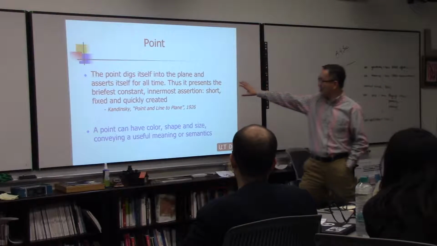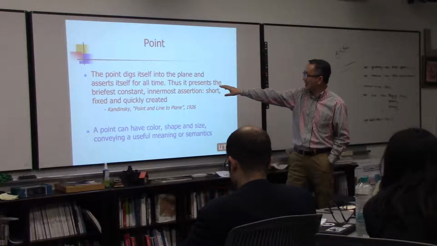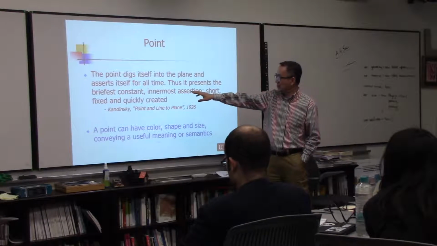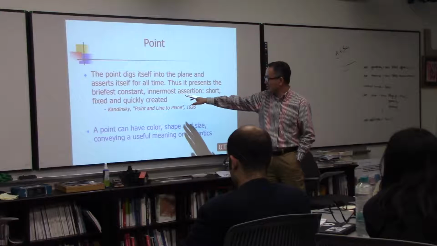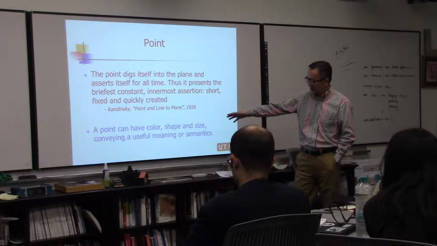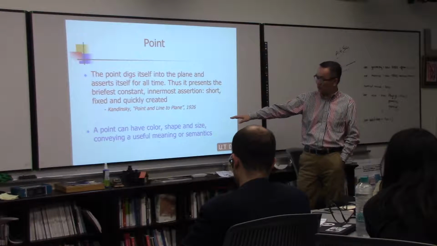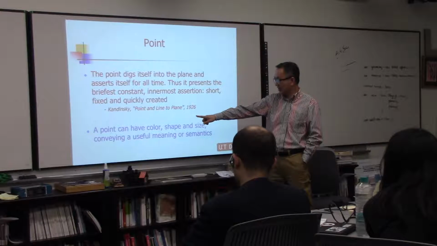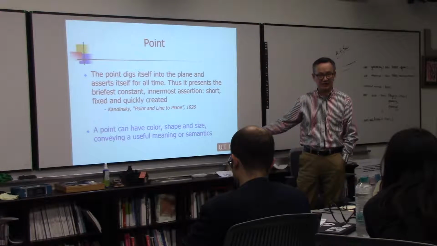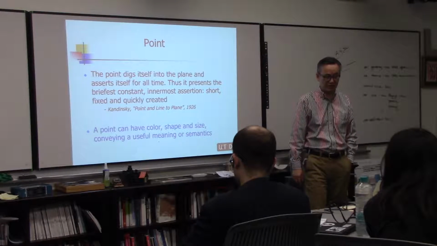According to Kandinsky, the point digs itself into the plane and asserts itself for all time. Thus, it presents the briefest, constant, innermost assertion. Briefly, we all know that in any kind of painting software we also use a point, giving it color, shape, and size to convey different information. This is used in information visualization as well.